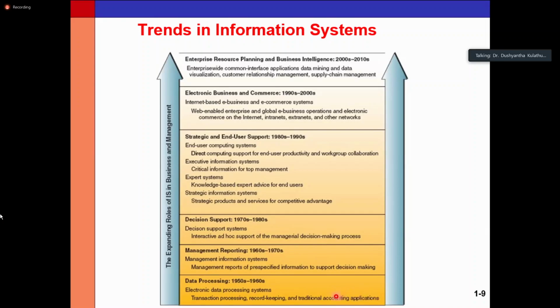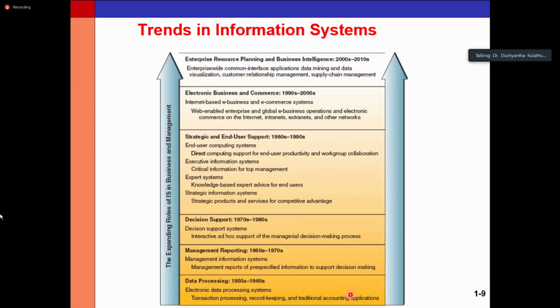So most of the applications that were utilized within the organizations were accounting applications. There was one primary reason as to why organizations developed accounting applications during this early era. That is due to the structured nature of transactions involved in relation to accounting.